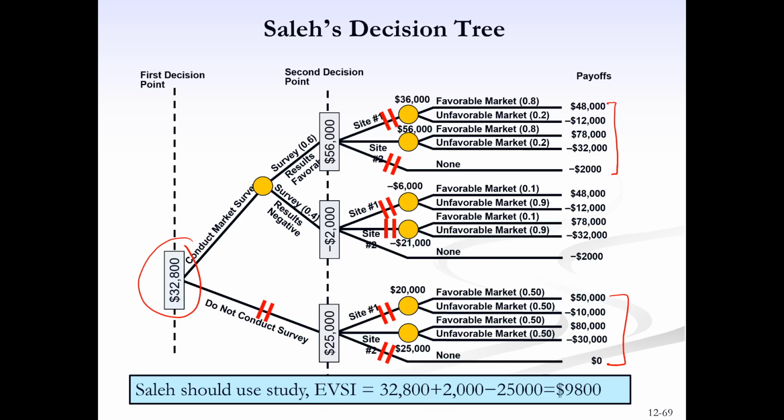Then the expected value of survey information is the expected value with survey information, which is 32,800 plus the cost of survey, minus the expected value without survey, and this is the expected value of survey information.